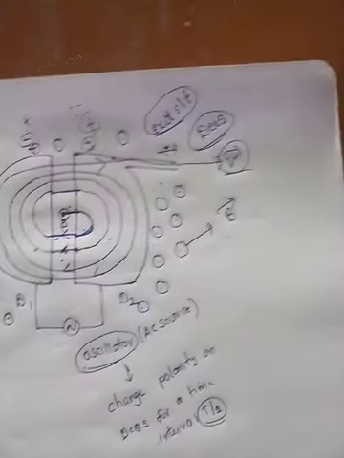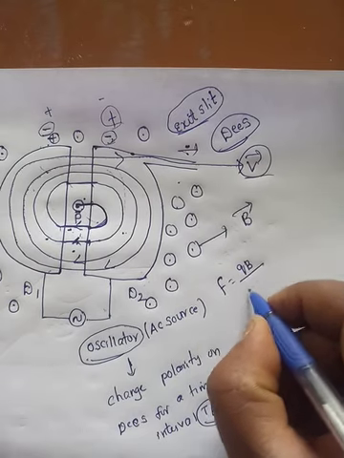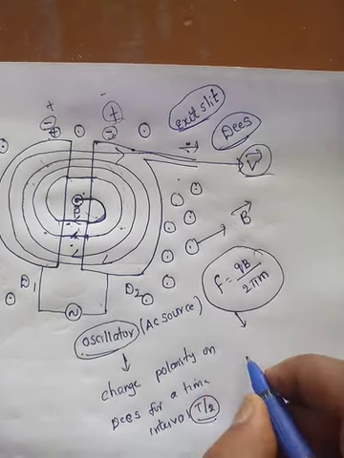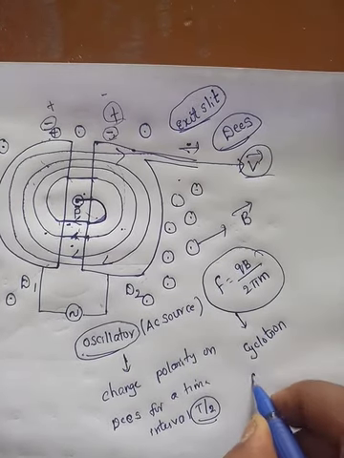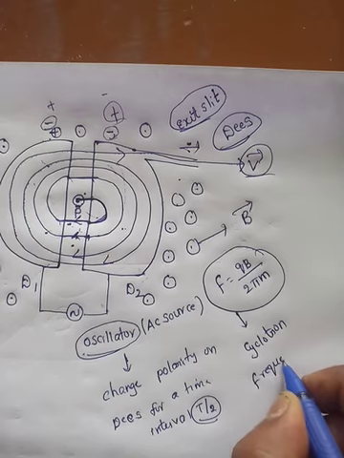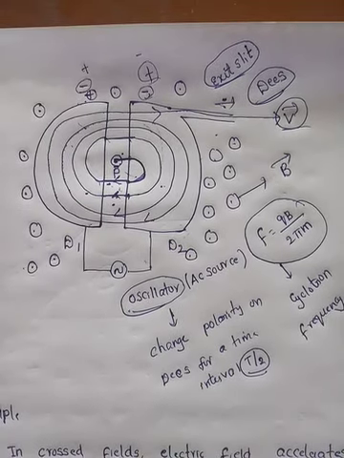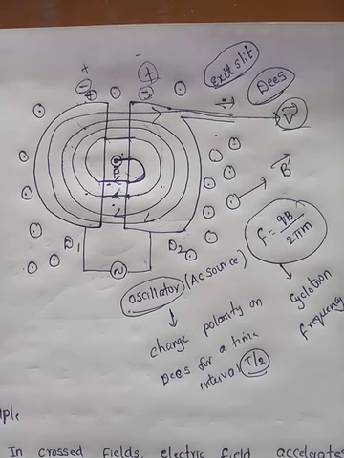F is equal to QB by 2 pi m. This frequency is also called the cyclotron frequency. Cyclotron frequency is also independent of radius and velocity. So this is the function of the cyclotron and its principle.